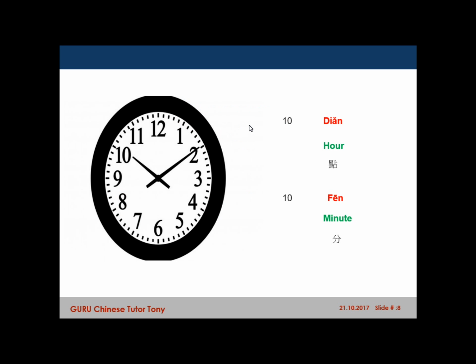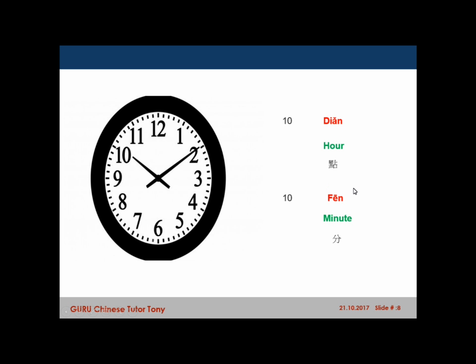Okay, now we're going to explain how to say the time in Chinese. Very easy. The hour is 点. The minutes is 分.